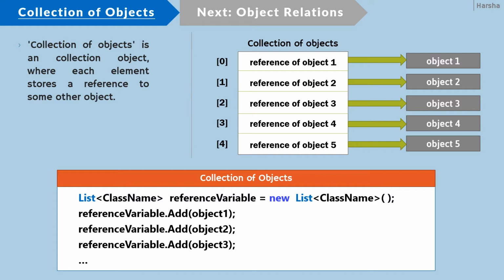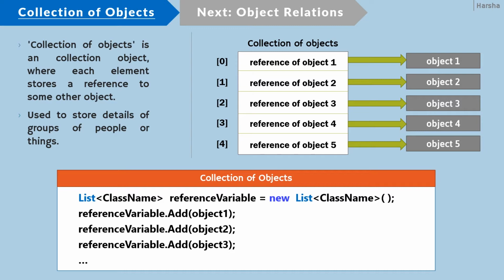In our real application, whenever you have multiple objects of a particular type, for example, group of employee objects, group of student class objects, group of product class objects, then you will use the collection of objects.